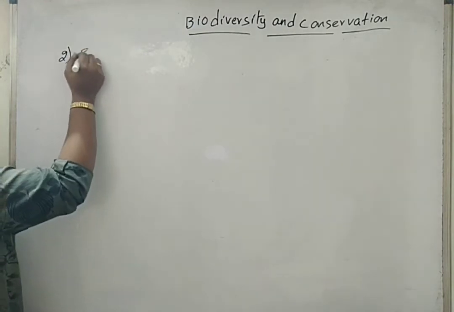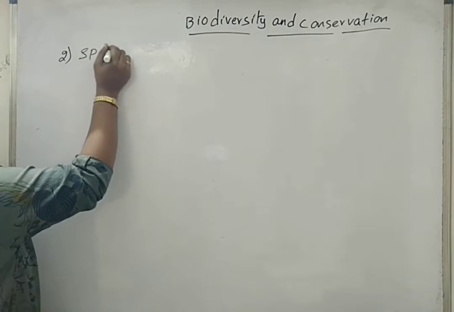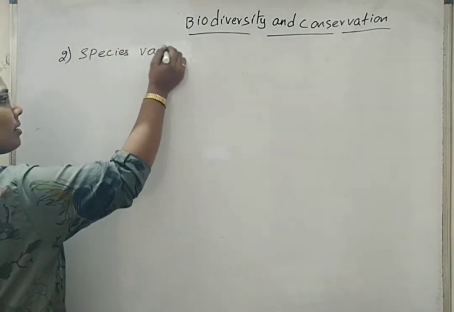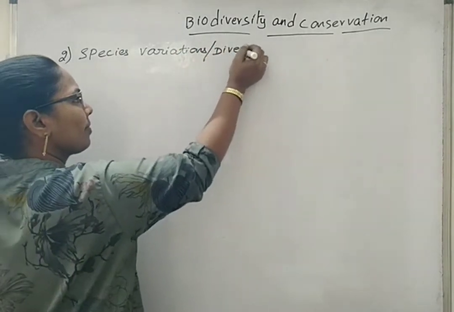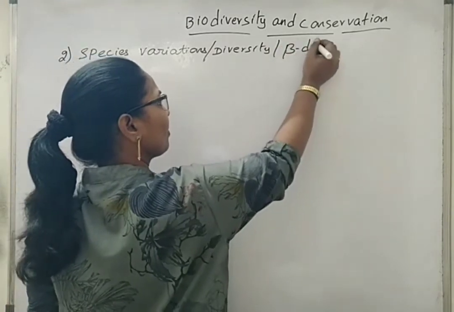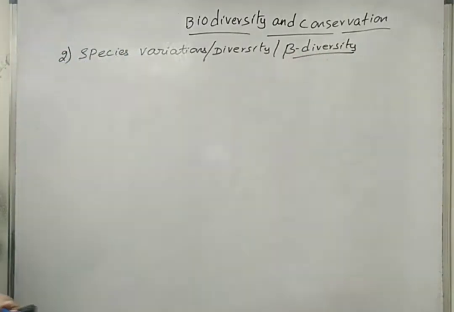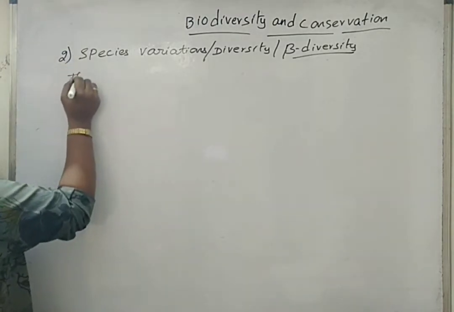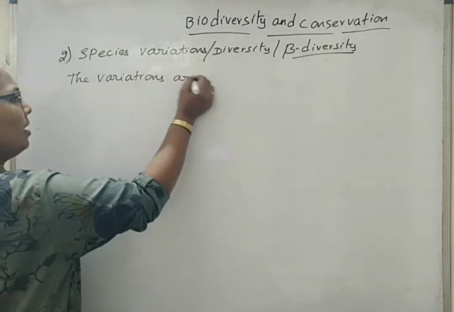Second one is species diversity or species variations or beta diversity. Here we will read the variations or the differences or the diversities at a species level.